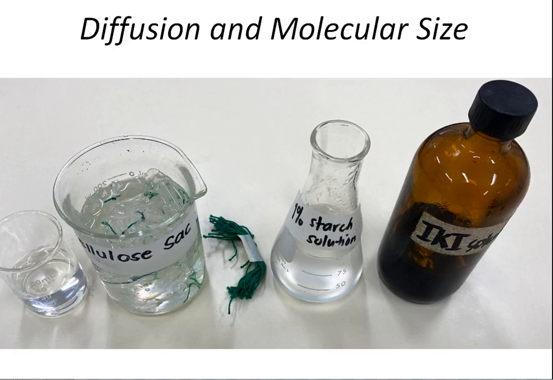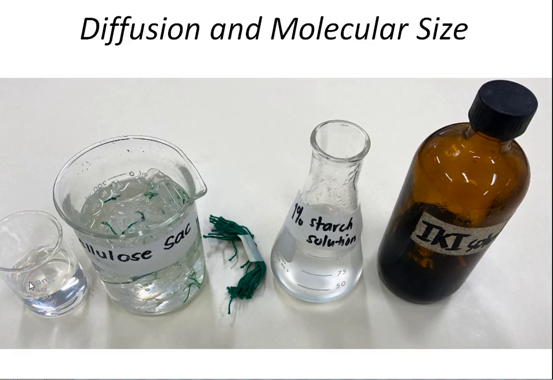So for the procedure, we have here our 50 ml beaker, and we fill it up with water up to a third of our beaker. And then we add 4 drops of our potassium iodide, so that will now serve as our indicator in case there is the presence of starch.